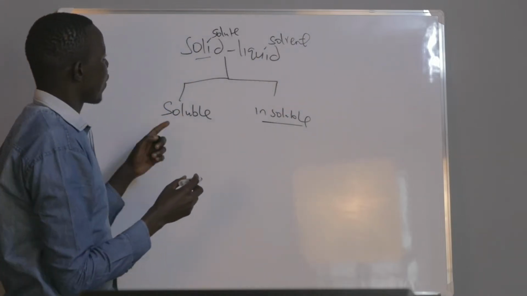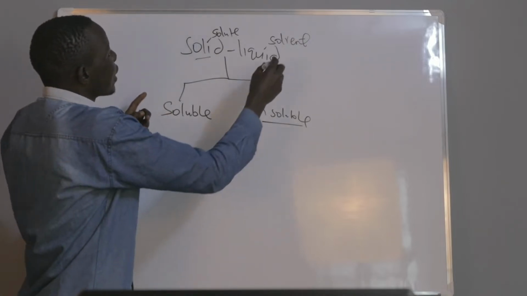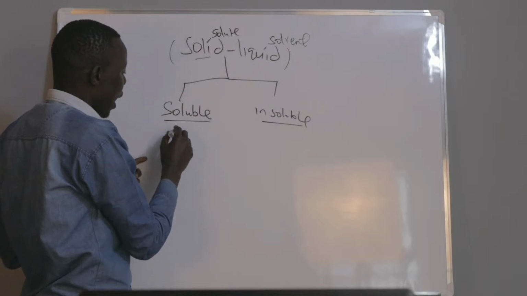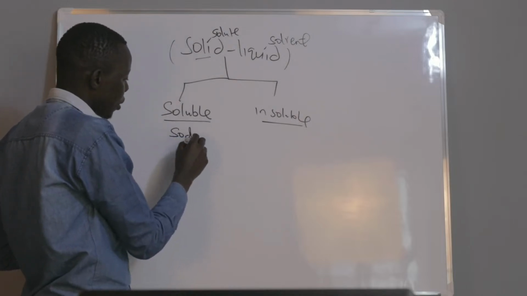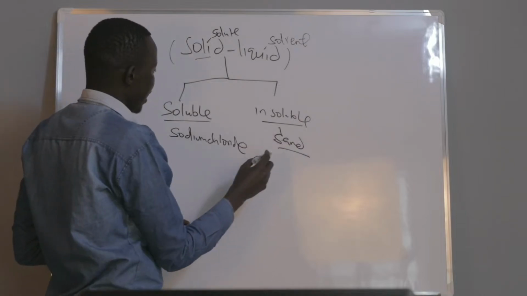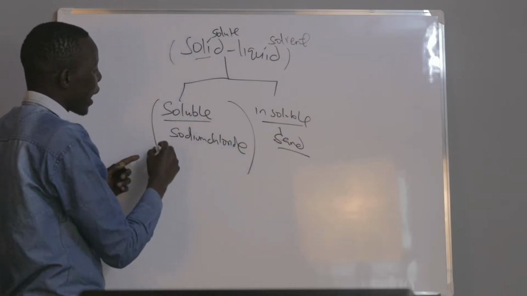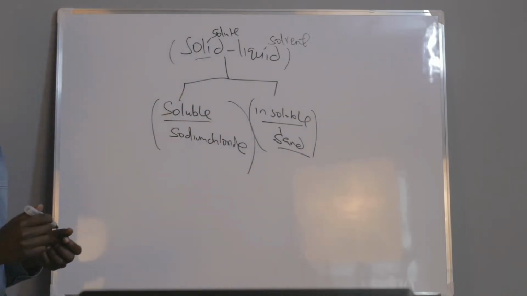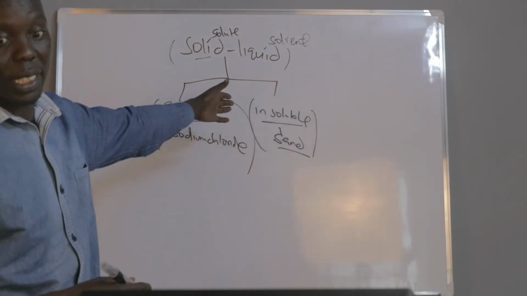Now, if the solute forms a solid, sometimes it is soluble like sodium chloride, or insoluble like sand. If it is soluble, we have to apply a different method of separation. But if it is insoluble, let's start with the ones which are insoluble because it is the easiest.